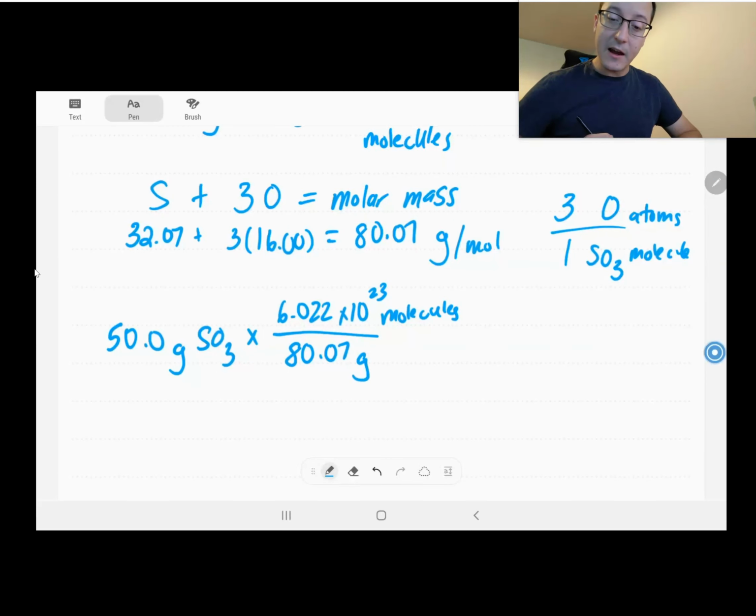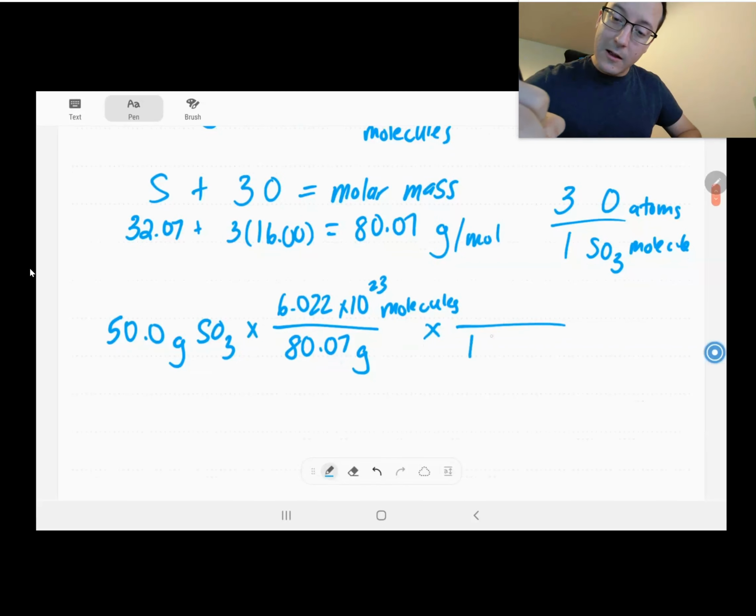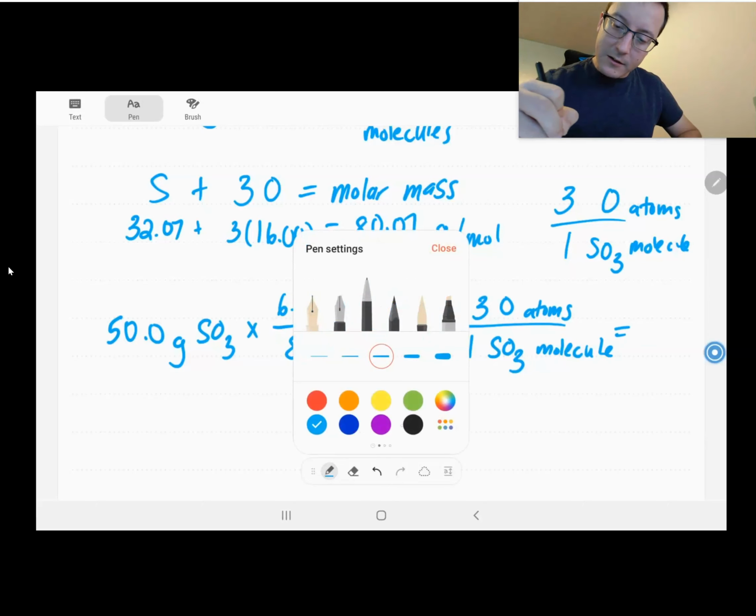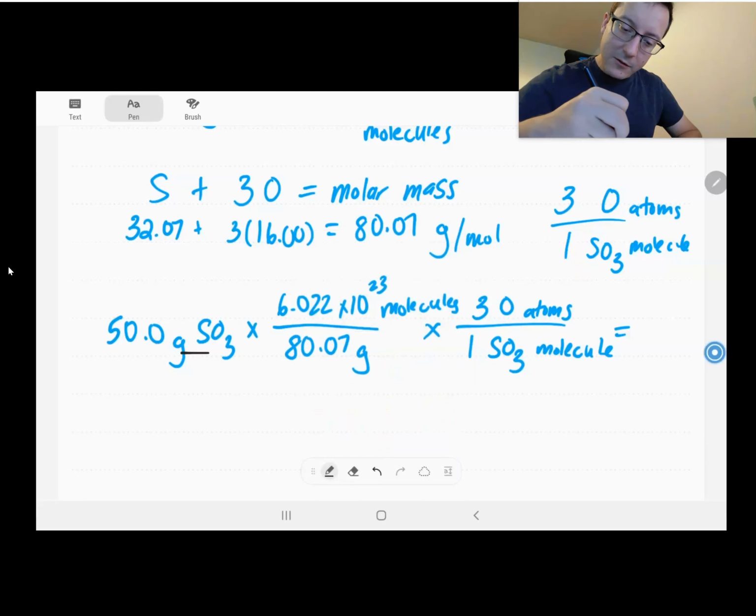Alright, so now we're going to see that the units will be in molecules. So we're going to use our sulfur trioxide molecule for 3 oxygen atoms, and we'll be able to get our answer. Notice that the units of grams cancel and molecules cancel, so we should be left with atoms.